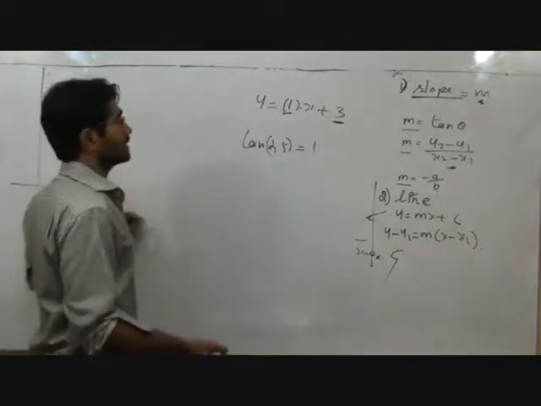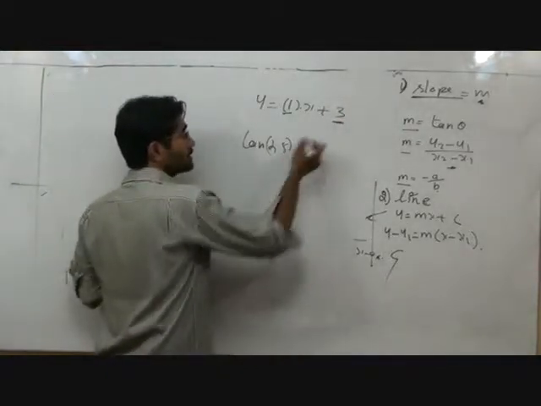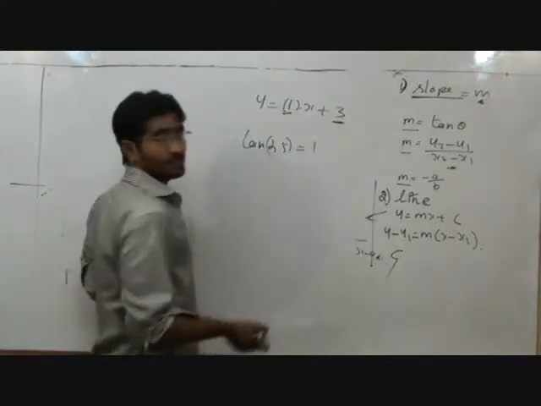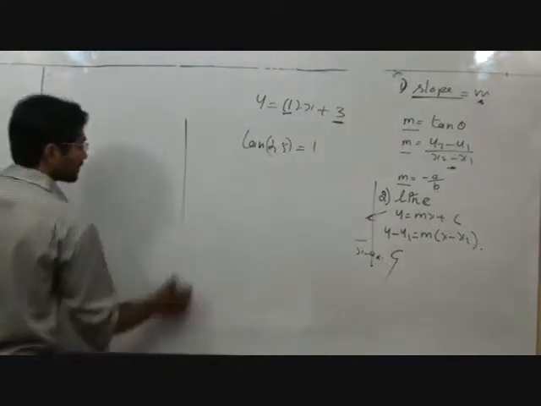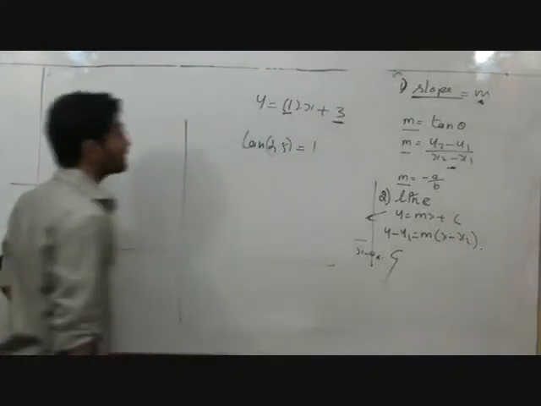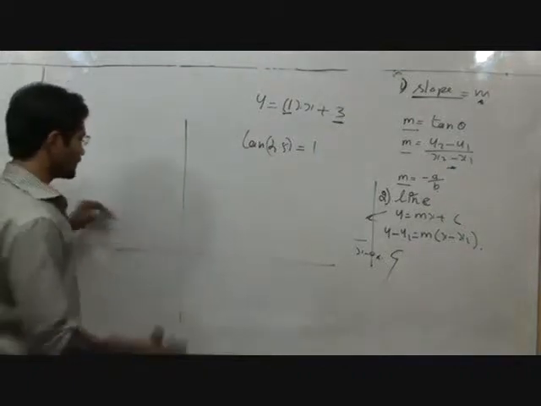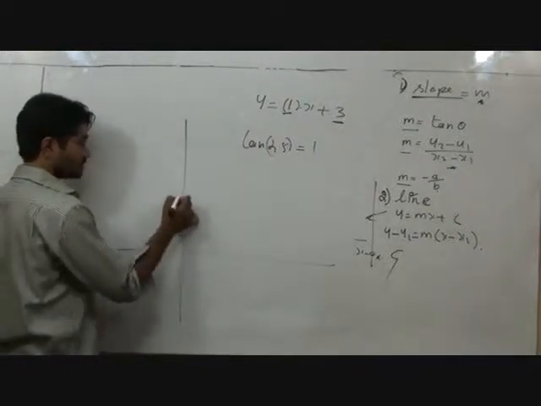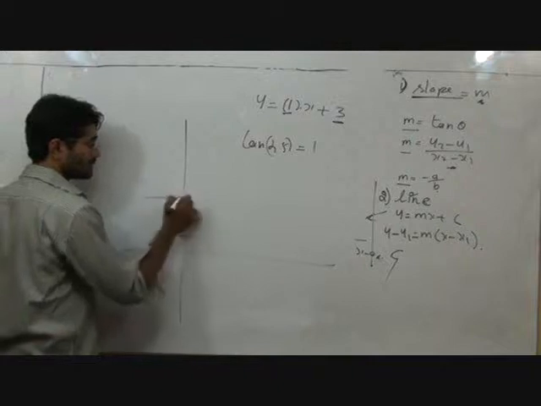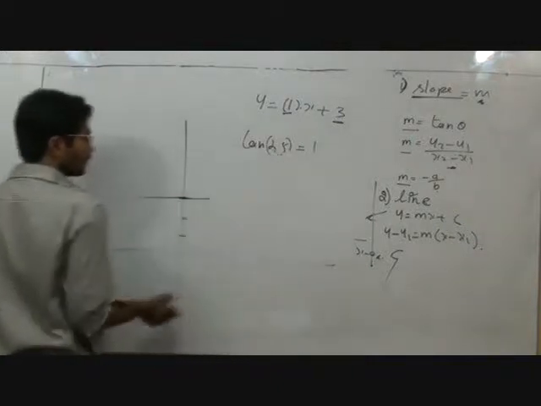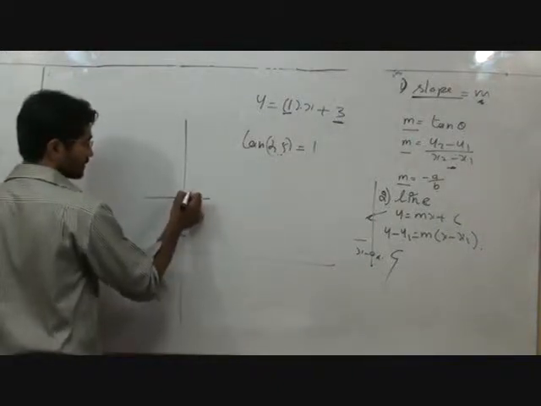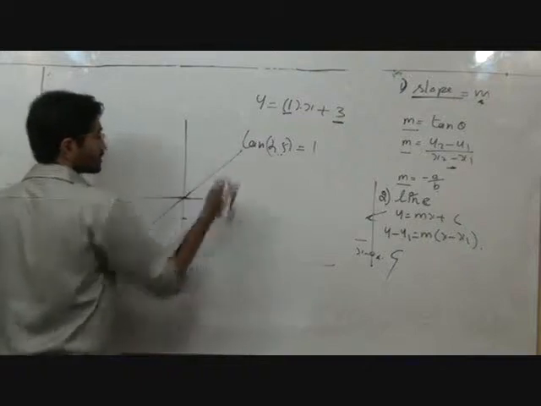C is 3. That says the line is cutting the y-axis at 3. If we draw this on the coordinate system, the line is cutting the y-axis at 1, 2 and 3. It's cutting it here, and here it is making an angle of 45 degrees. That's the equation of line.